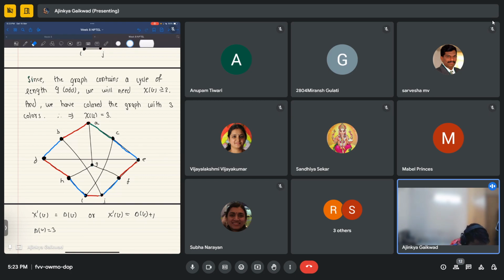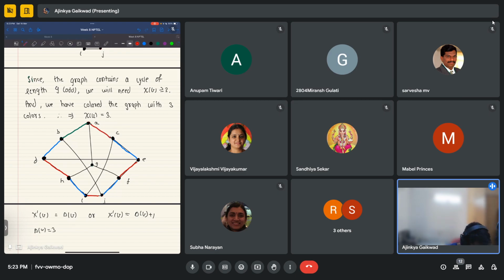So let me just think if we can do something. What if I try this: instead of turning this into green, I'll make this green and then make this red.